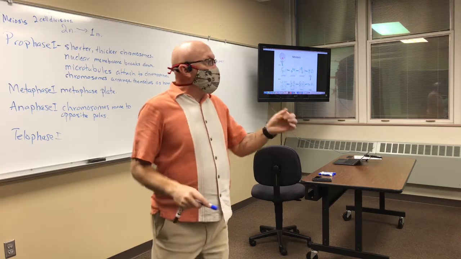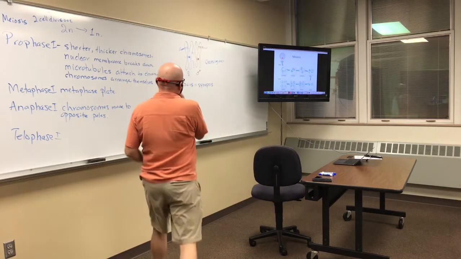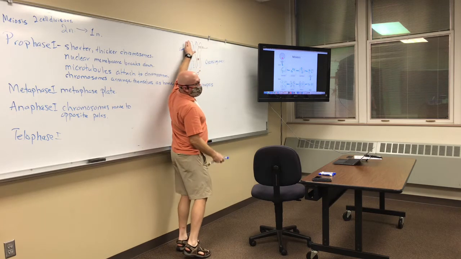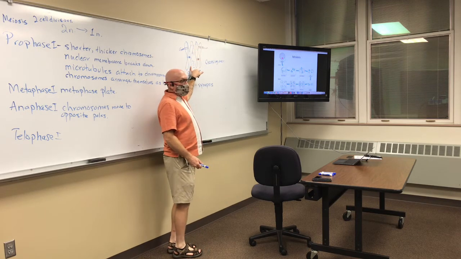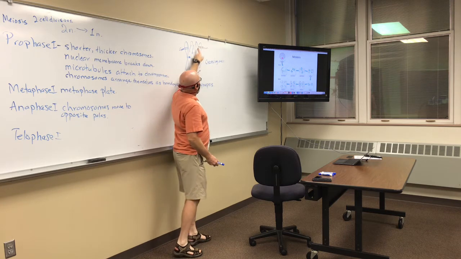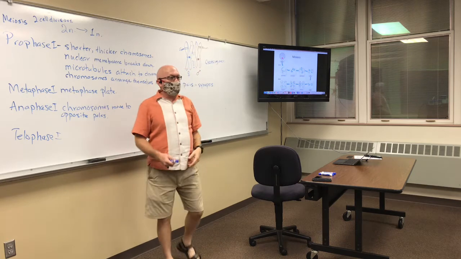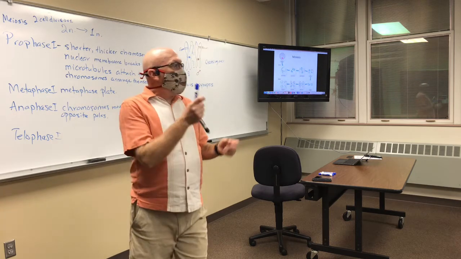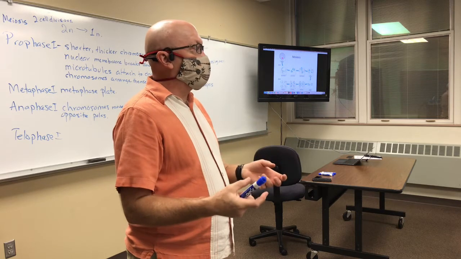Now, the interesting thing about this and why this is important is now your dad's brown-eyed genes are associated with a bunch of genes from your mom. And your mom's blue or green-eyed genes are now associated with a bunch of genes that are your dad's. So we now have gene combinations on this chromosome that didn't exist before crossing over occurred.